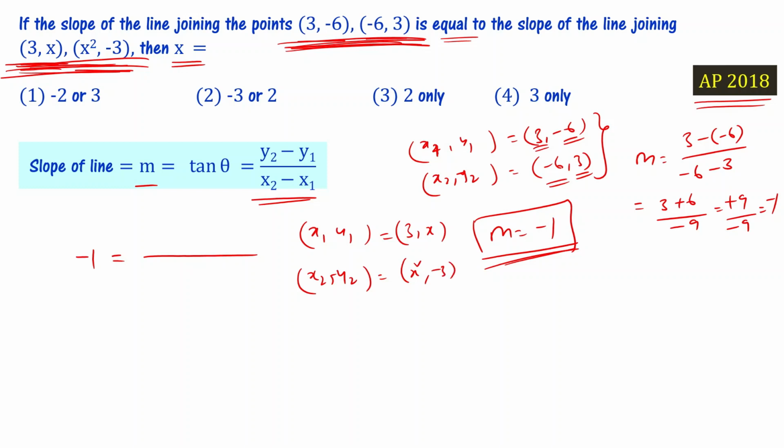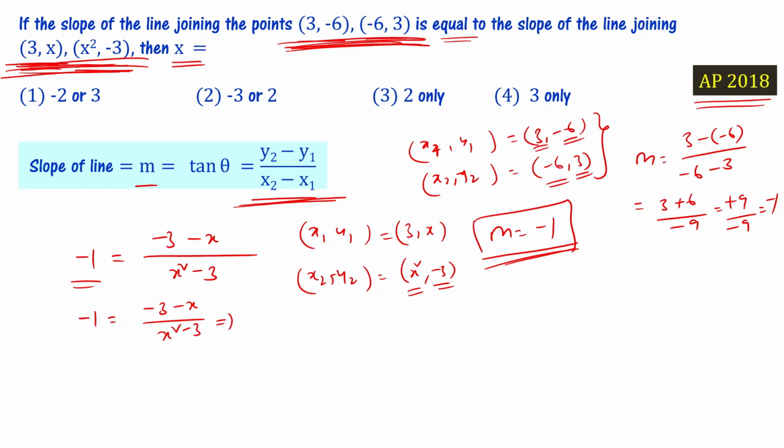Then let's substitute them into this formula. Slope minus 1 equal to y2 minus y1, that is minus 3 minus x divided by x square minus 3, right? This now can be written as minus 1 equal to minus 3 minus x divided by x square minus 3.